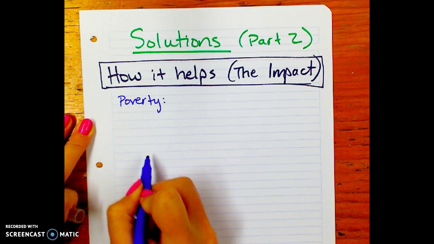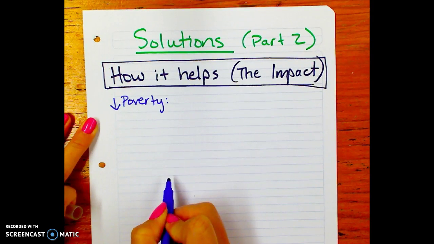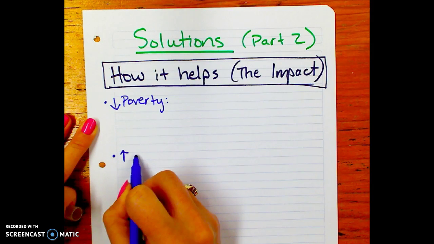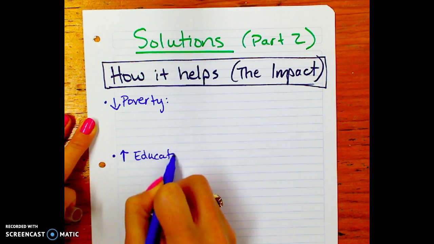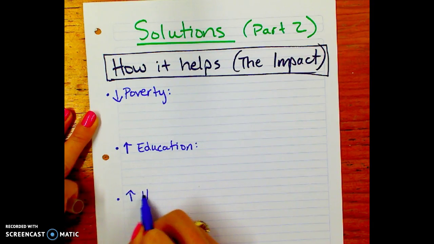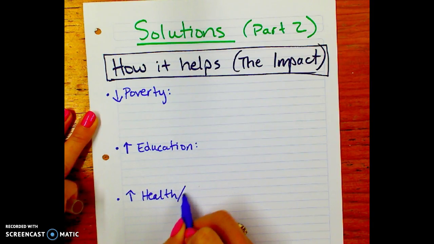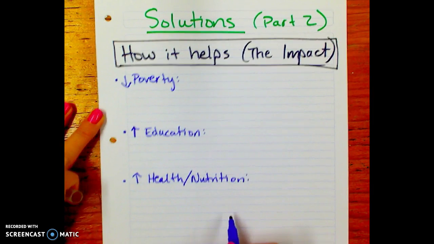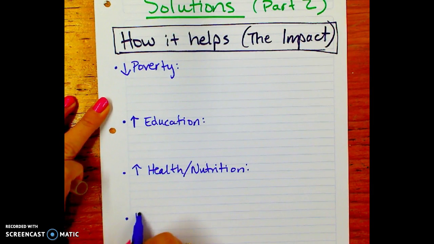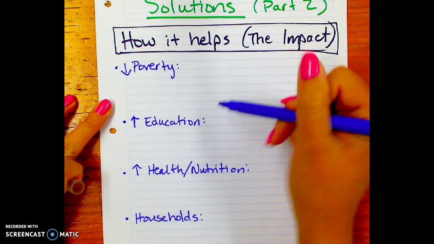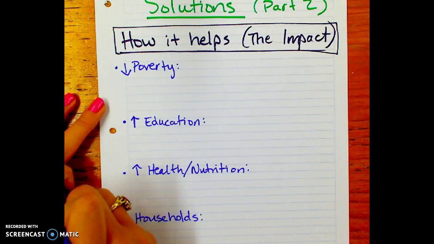How does it decrease poverty? I might think about this as how does it increase education? And how does it increase or help health and nutrition? And the last, there was a section on households. How are households affected? The impact on that. So I've got some subsections here for how it helps.